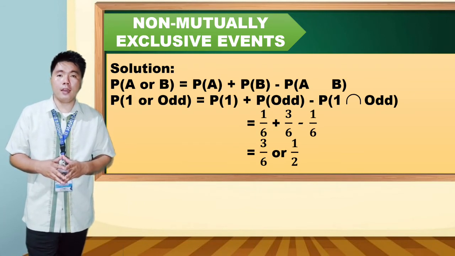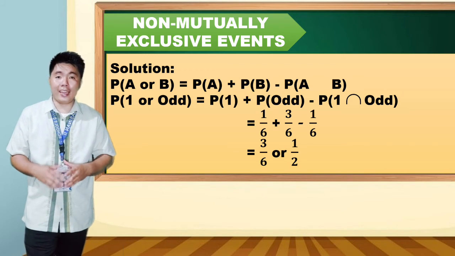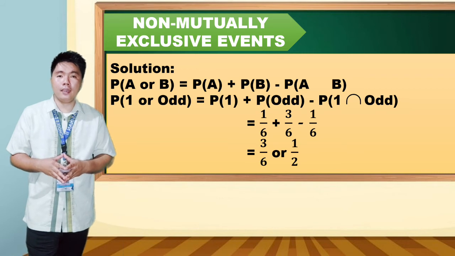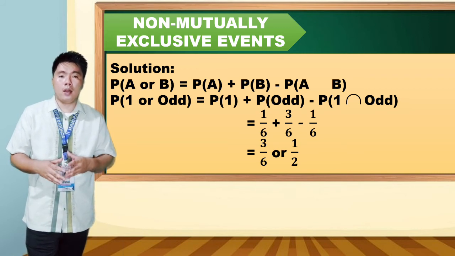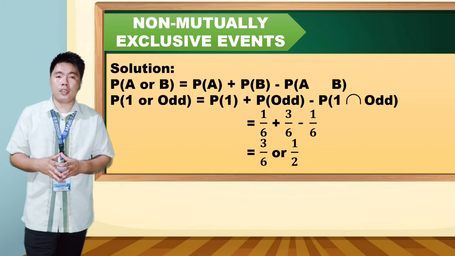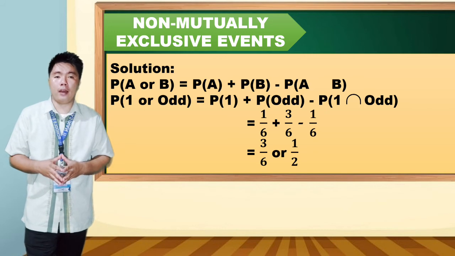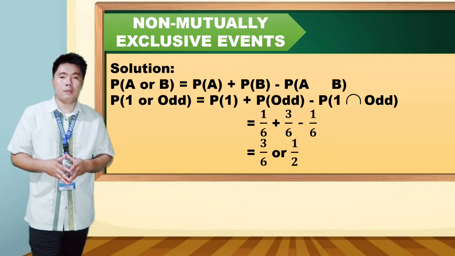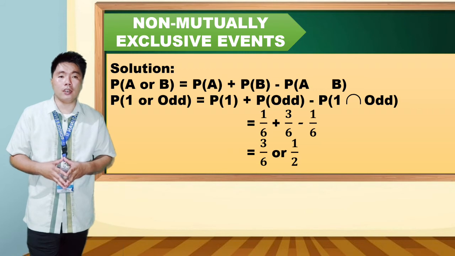Probability of A or B is equal to probability of A plus probability of B minus the probability of A intersection B, as our formula. Again, for event A, we change that as 1, and B for odd. So we have probability of 1 or odd, and that is equal to probability of 1 plus probability of odd minus the probability of 1 intersection odd.